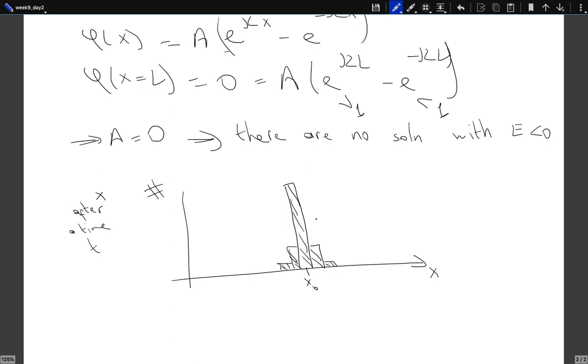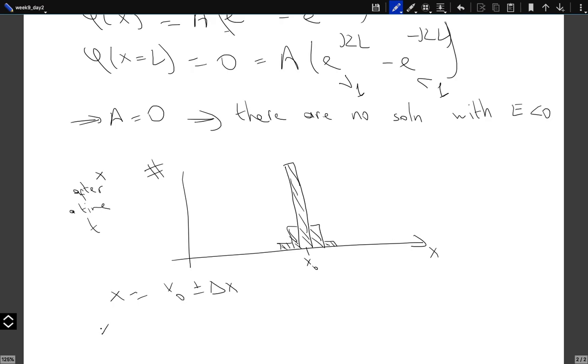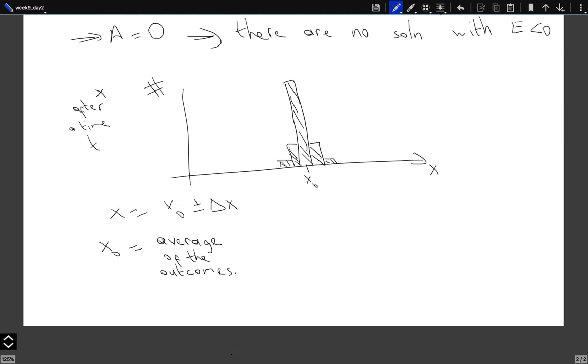When you quote the experimental results, what you say is x equals x0 plus or minus delta x. So you have the average value of the positions. x0 is quite often the average of the outcomes. Delta x will be how much it deviates.